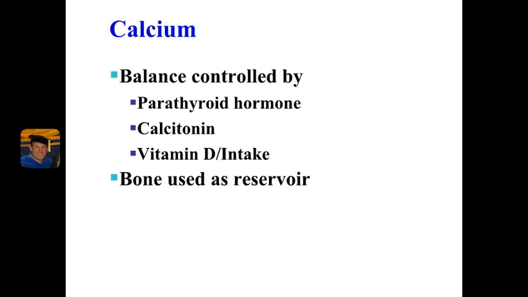It can also go into the kidneys, so calcitonin will tell the kidneys excrete more calcium. Parathyroid hormone will say reabsorb that calcium back into the blood from the urine. And then the third place is the intestine. Calcitonin will decrease the absorption of calcium, whereas parathyroid hormone will increase the absorption of calcium.